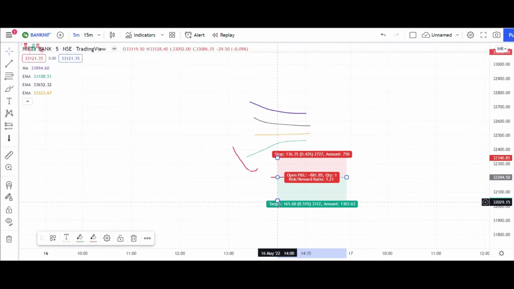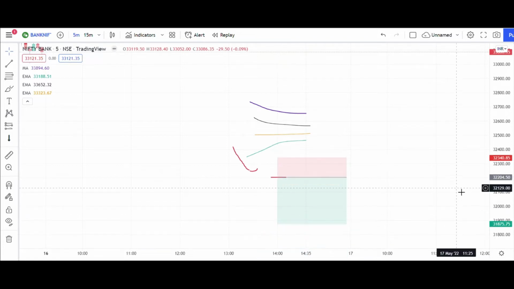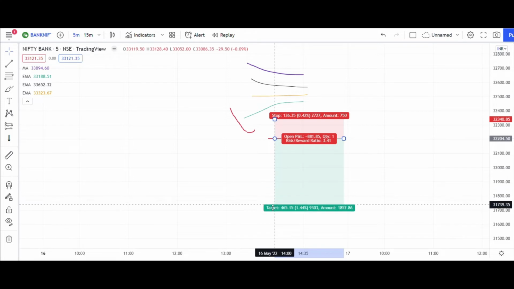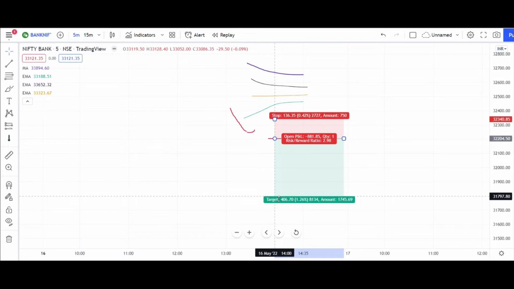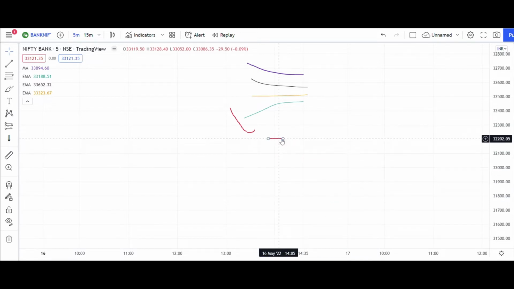Entry will be here, and the first target will be 1:1.7, then 2.15, then 2.8, and then it will be 3 and 4 and so on. So at least if you get 1:2.8, it will be enough. You have to book most of the profit, and then you have to ride the trend by trailing the stop loss. Hope this one is easy to understand.